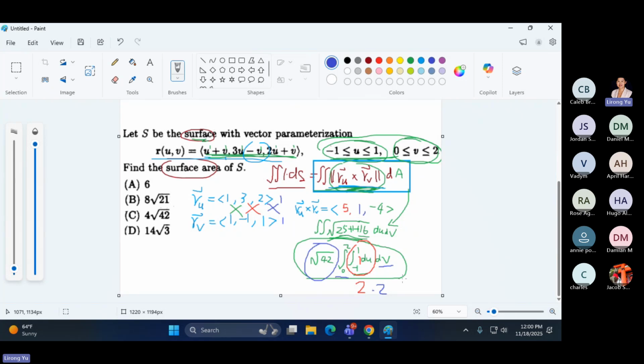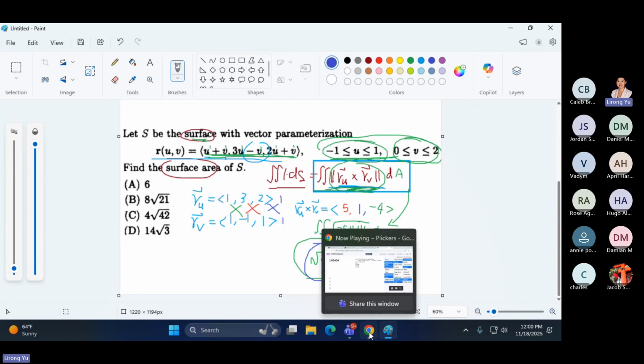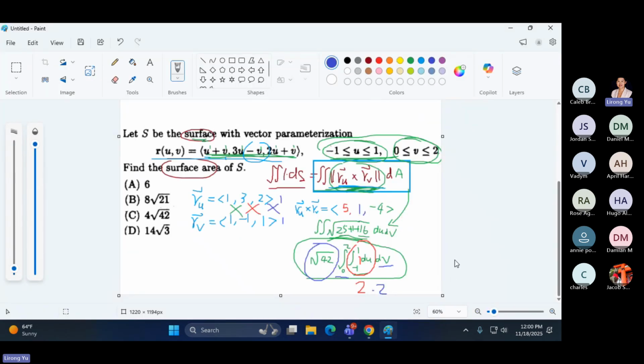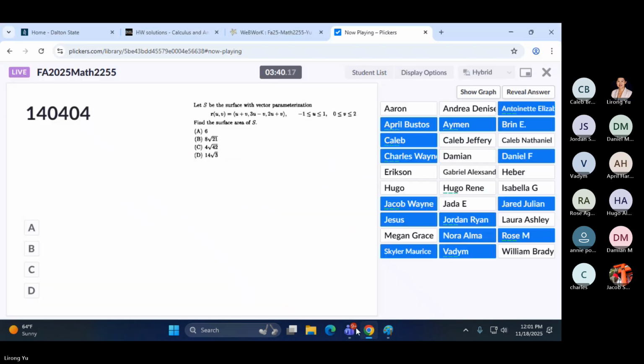So root of 42 times 2 times 2. That was the answer. If you are on the same page with me, pretty much write out my calculation formula and the answer. The answer should be C if you are calculating. So that was an exercise for surface area calculation using the parametric form.